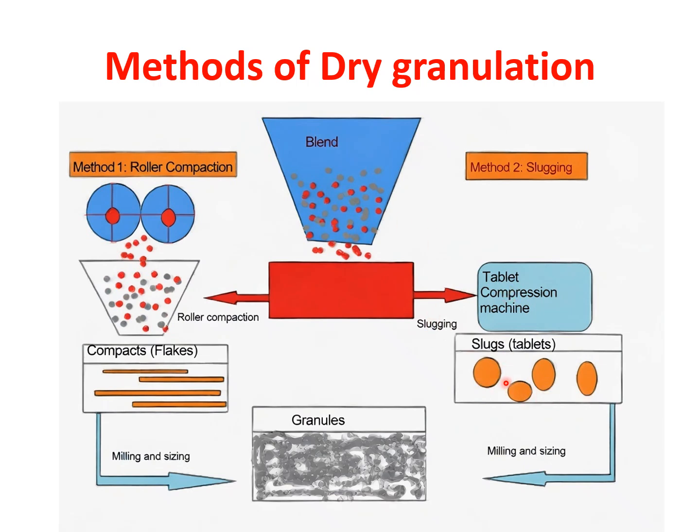You can see different sized slugs are formed, and after formation of the slugs, we are just milling and sizing the slugs to get the granules. So in that step also we are not adding any binder solution, or conducting any drying step. Okay, so these are the advantages over wet granulation method.